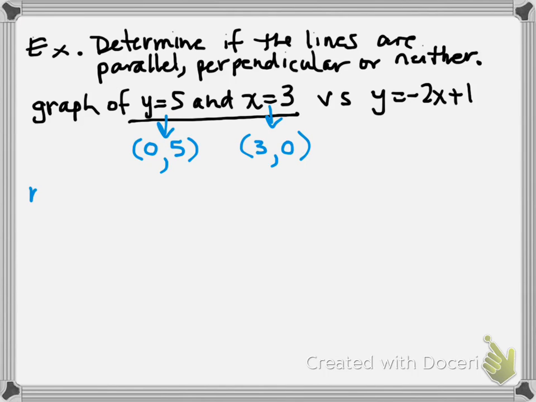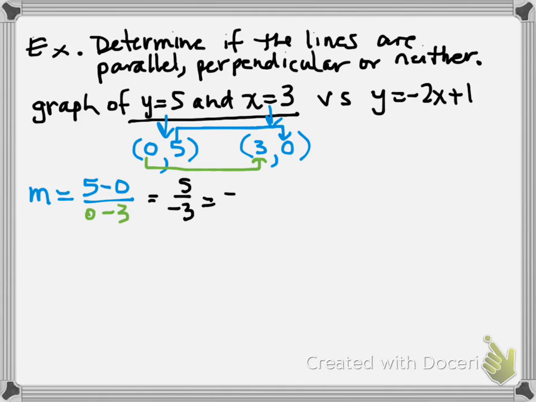From there, I'm going to figure out slope. And it doesn't matter how I do it, but once I pick a direction, I need to stick with the direction both places. So I'm going to do 5 take away 0 over 0 take away 3. And that gives me 5 over negative 3 or negative 5/3.